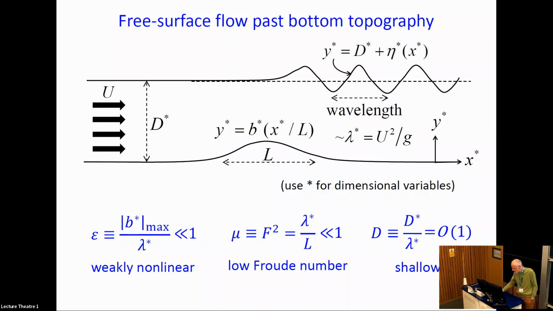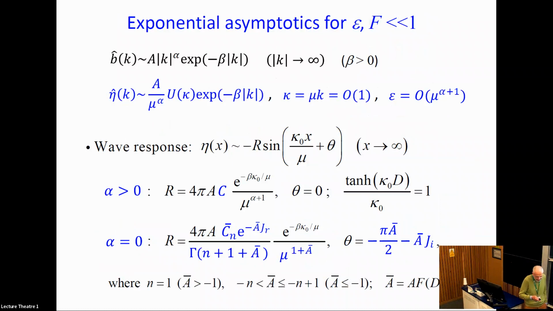So the thing is that this problem can be handled in exactly the same way as this forced KdV I showed you earlier. And this is the forcing, and assume the topography to have behavior like we assumed before, with the power alpha here and the exponential for large k.